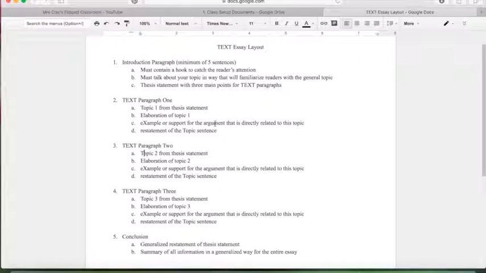Your topic sentence, you could say, dogs are the best animal to keep on a farm because they protect the chickens and the cows. So you've got your topic sentence. Your elaboration would be to explain. This can be, there have been stories about dogs who take care of cows who have been abandoned by their mothers. There have been stories about dogs who take care of chicks that have dead mothers.